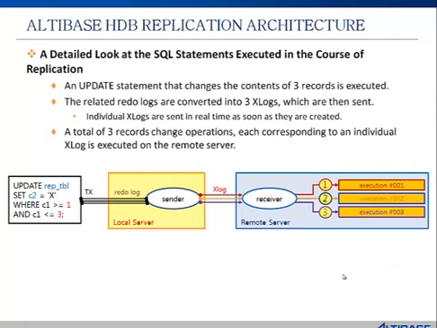So for example, when 10,000 records are updated, 10,000 X logs are created and sent to the remote server, and they will be applied individually. And because the X log is created for each record and sent, when multiple records are updated, the rollback can be executed partially or as a whole. I'll explain about this part in a later session.